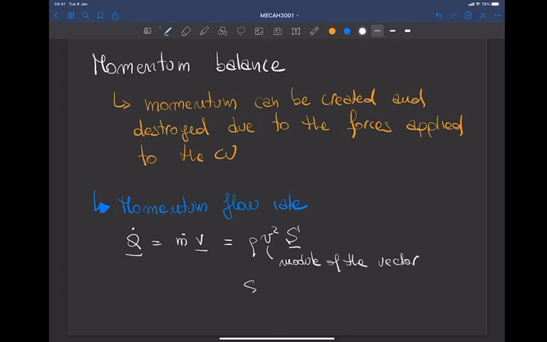While S is a vector, the surface vector, with of course module equal to the scalar surface, and the same direction as the fluid flow.